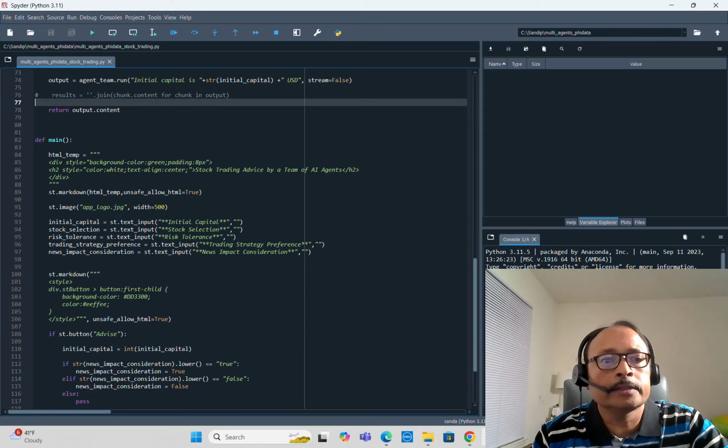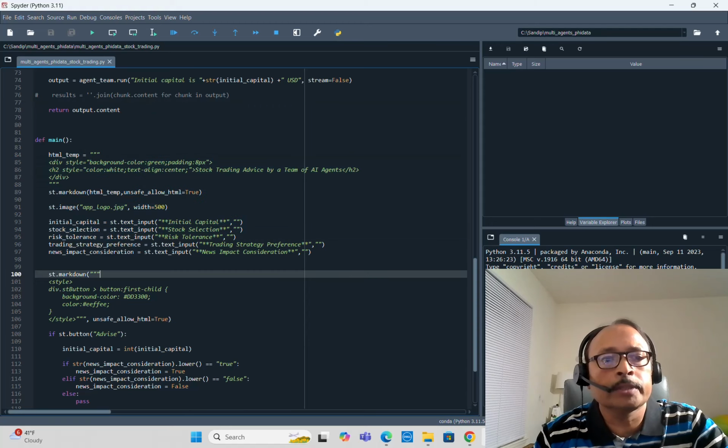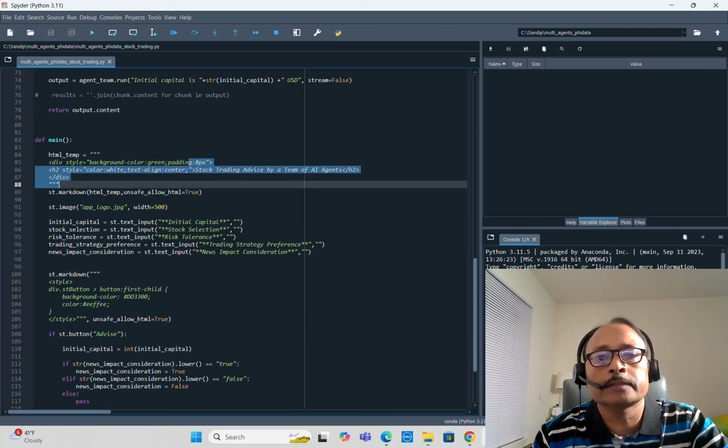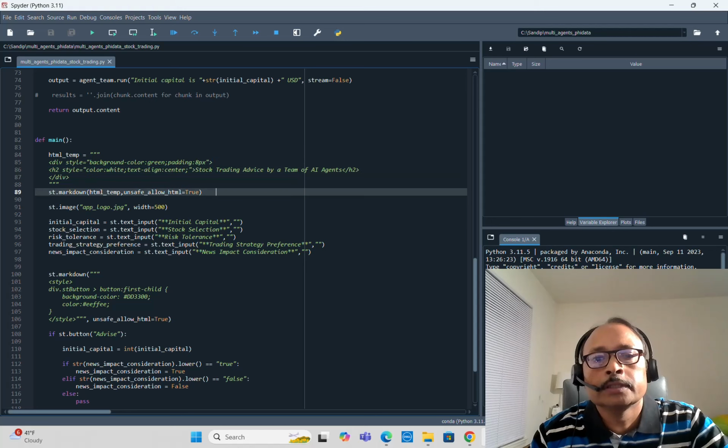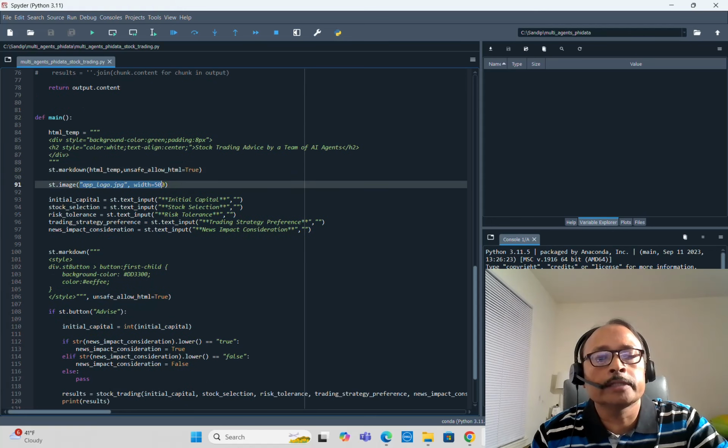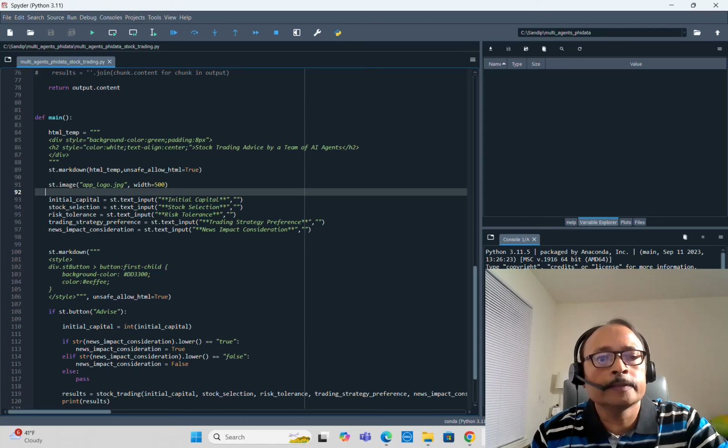And then this is our front end code in Streamlit. First the title, stock trading advice by a team of AI agents, and I also added a nice logo here. Then we are using Streamlit st.text_input to give text inputs for initial capital and other user-specified inputs, depending on the user's requirement.